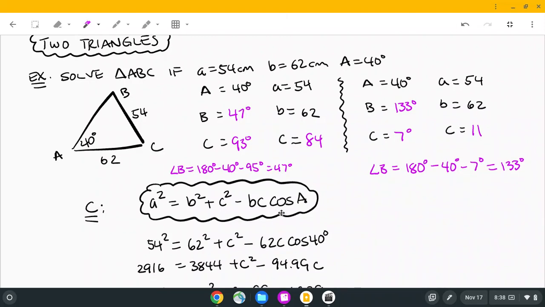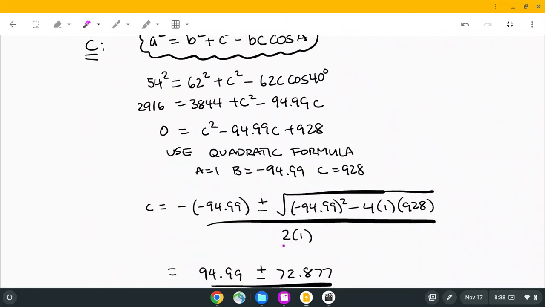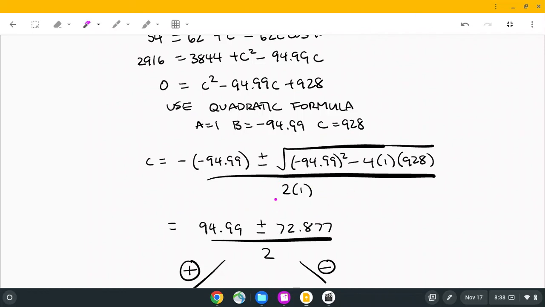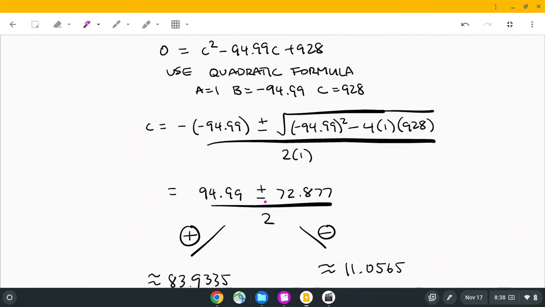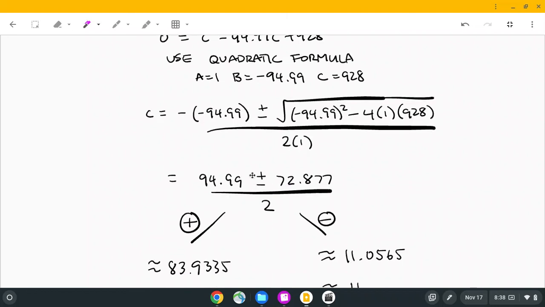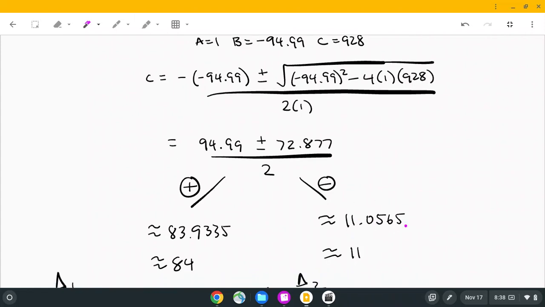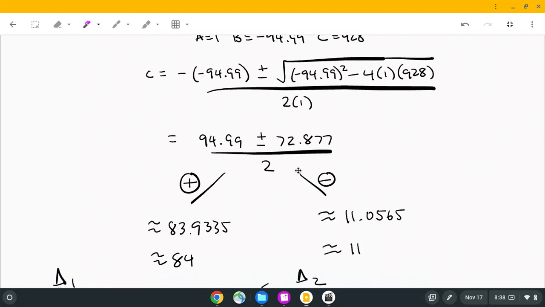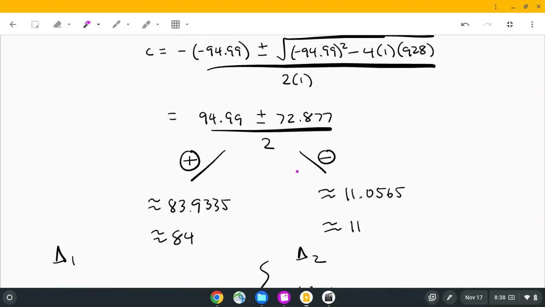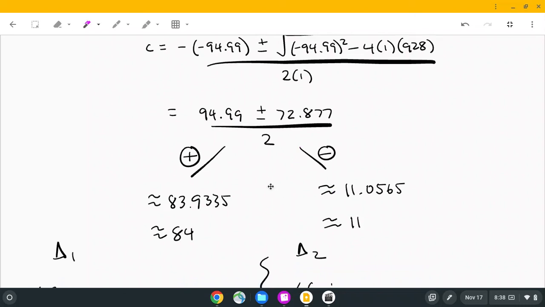You should be able to get two answers when you do your quadratic formula, unlike the previous case where you had only one triangle because you ended up with a negative result and your sides cannot be negative.